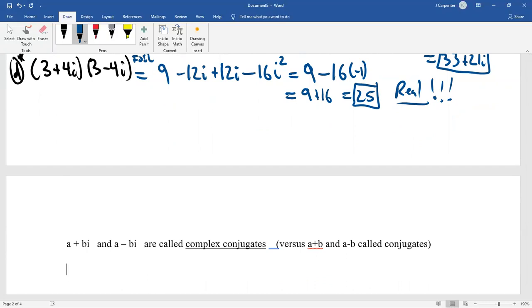But remember that factoring formula, the difference of squares: a plus b times a minus b is a squared minus b squared? It is that thing that enables, again, this big, beautiful, your answer is a real number.